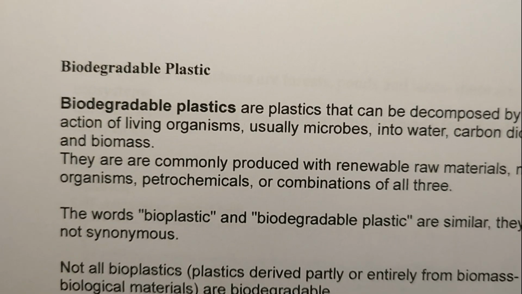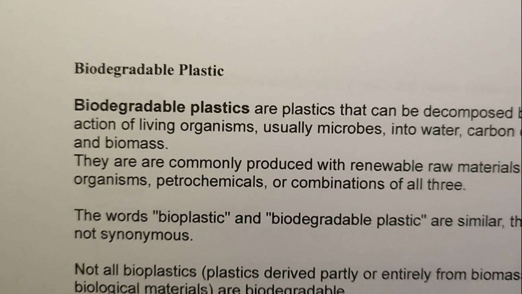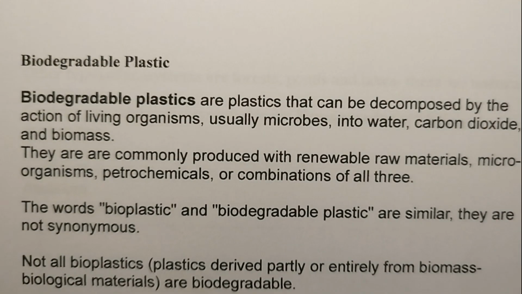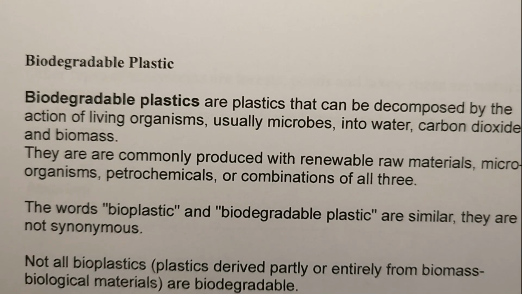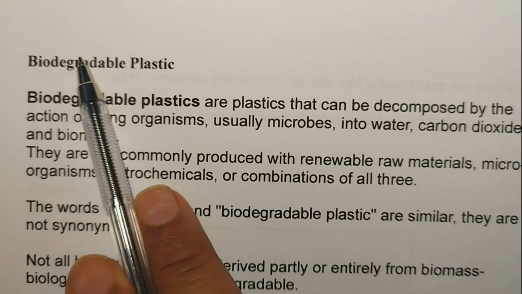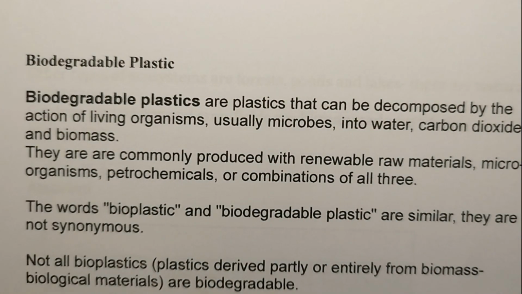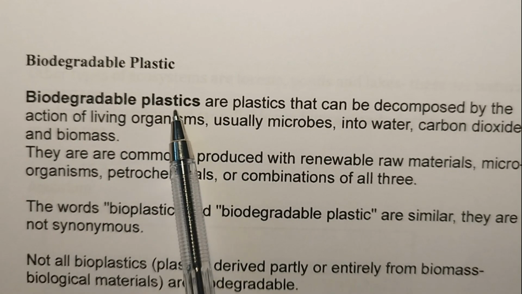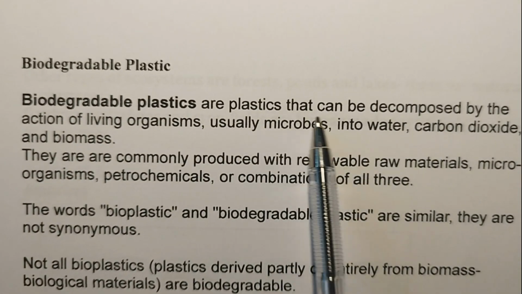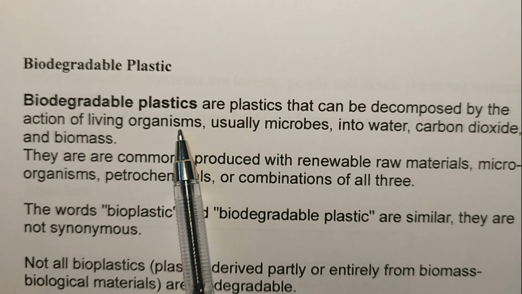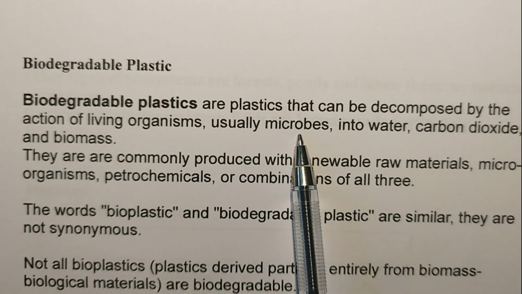Now the exercise also wants you to talk about biodegradable plastic. So here is a little bit of relevant information. Biodegradable means a substance that degrades naturally if left in the environment. Okay, so biodegradable plastics are plastics that can be decomposed by the action of living organisms, usually microbes.